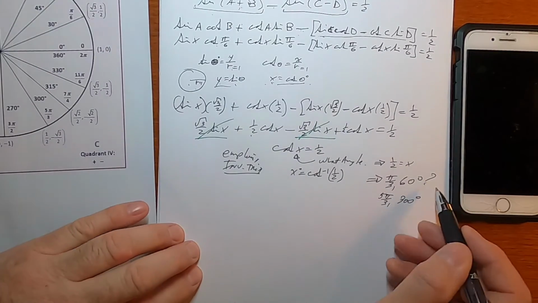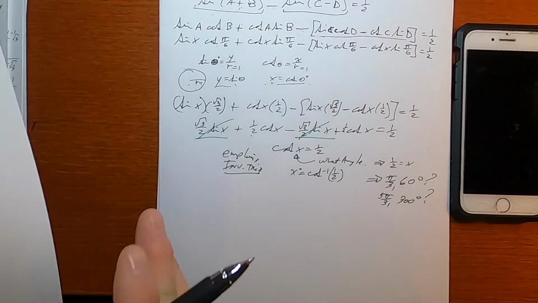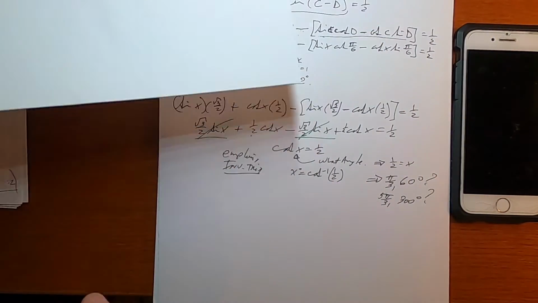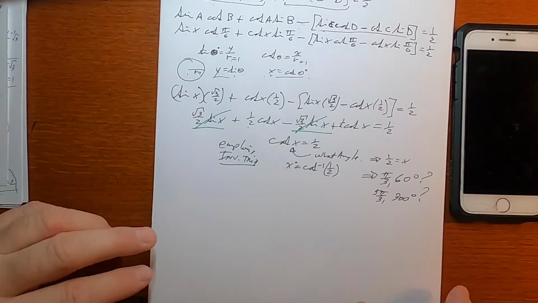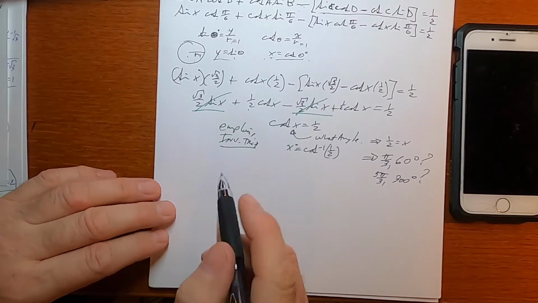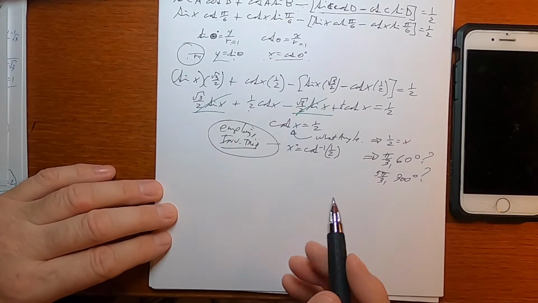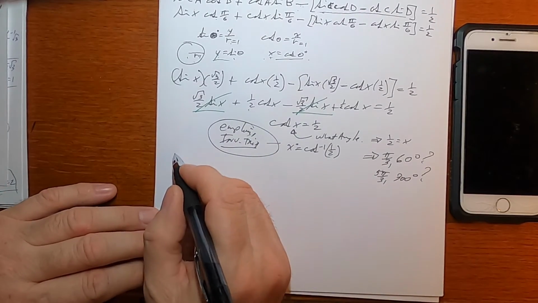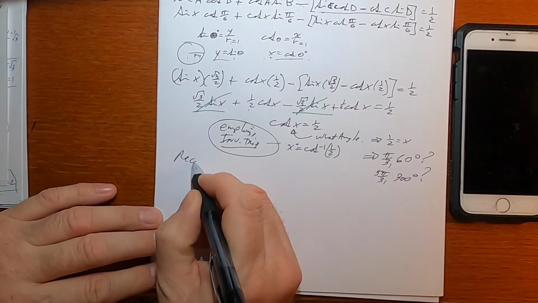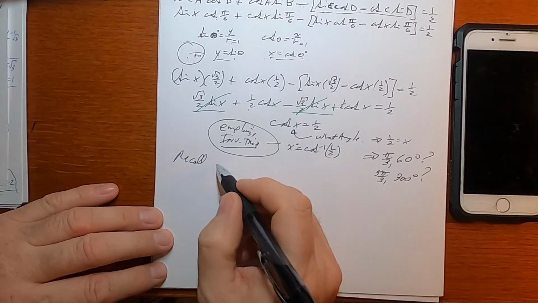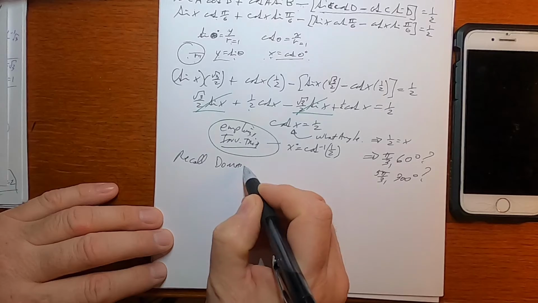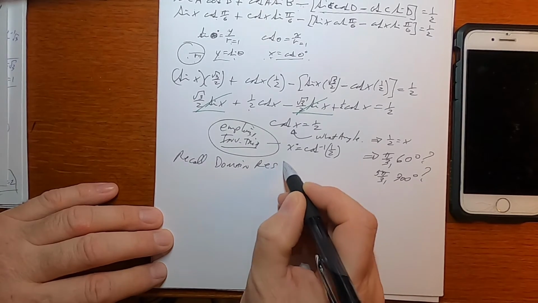Now the question is, which one of these is the proper angle? Well, there's a technique we use. Since we're employing inverse trig functions, we must recall that these are domain restricted.